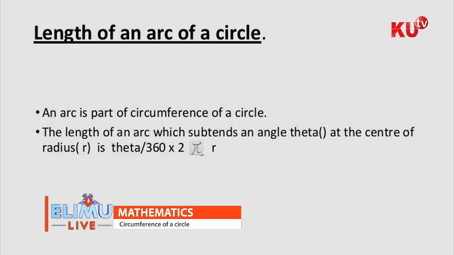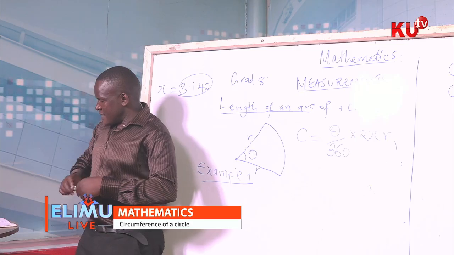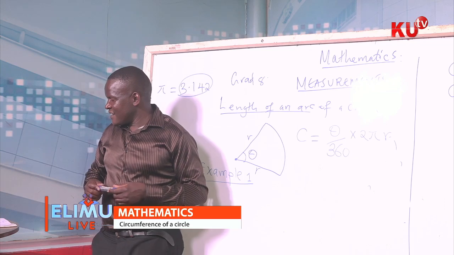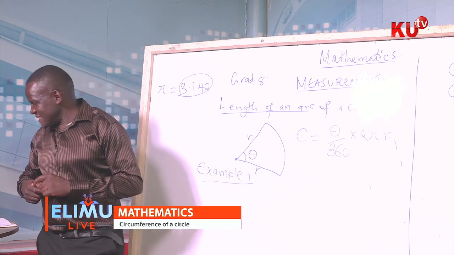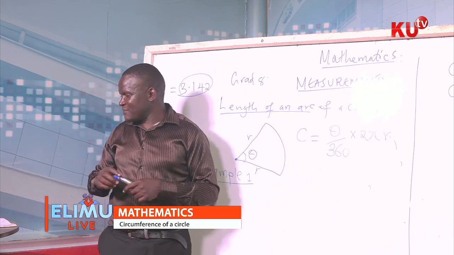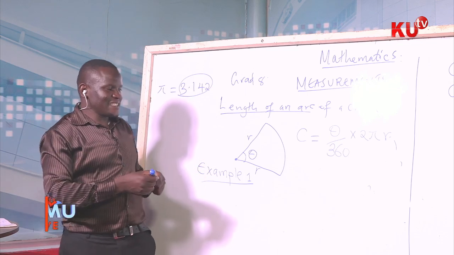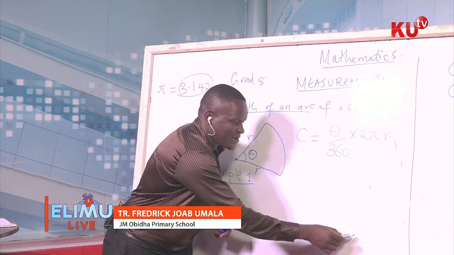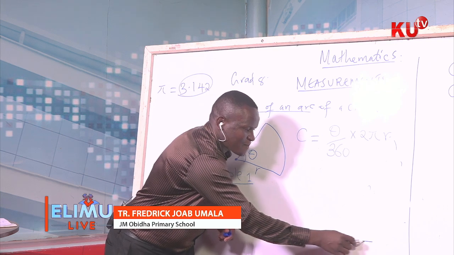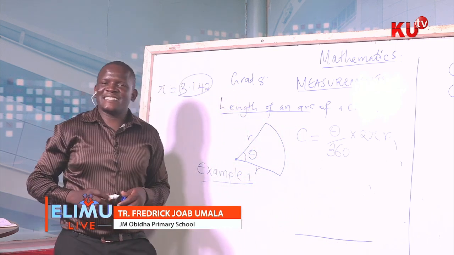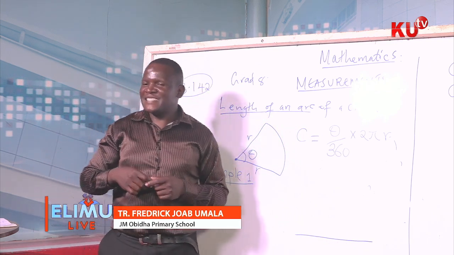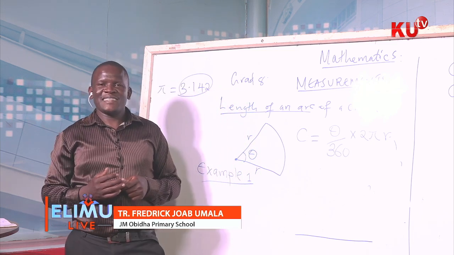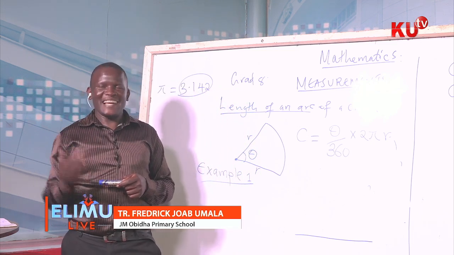Example 1. Find the length of the arc of radius 7 centimeters and subtends an angle of 180 degrees. We have an arc that subtends an angle of 180 degrees. 180 degrees, that is an angle on a straight line.